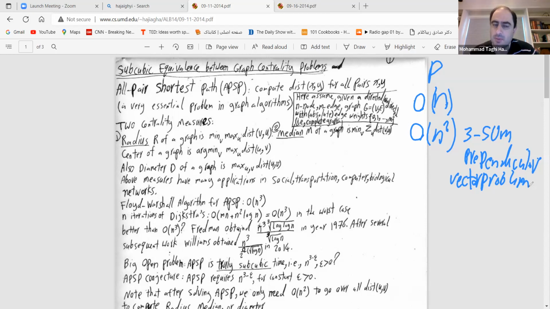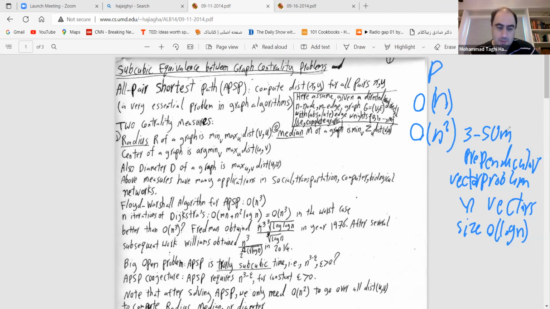In the perpendicular vector problem, you have N vectors given to you, and the size of these vectors is order log N. You want to see whether there are two vectors that are perpendicular to each other, meaning that if you multiply them, the inner product, it would be 0. So this is the second problem.